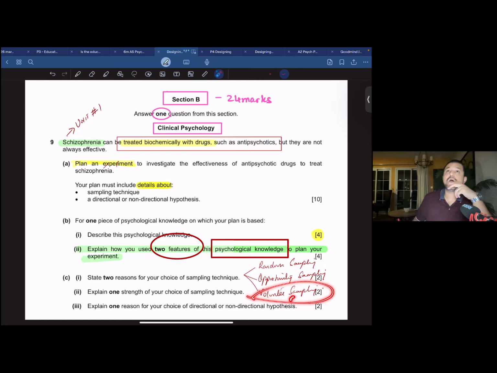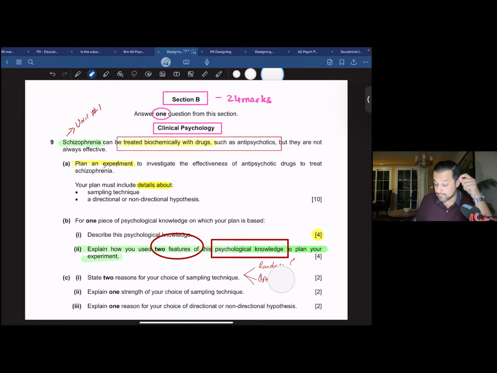If you may recall the study by Baron Cohen that you did in AS, remember how they recruited autistic participants? They put up advertisements, right? I'm not saying you only use volunteer sampling, but if you're using it, you should be able to justify why you've used it.